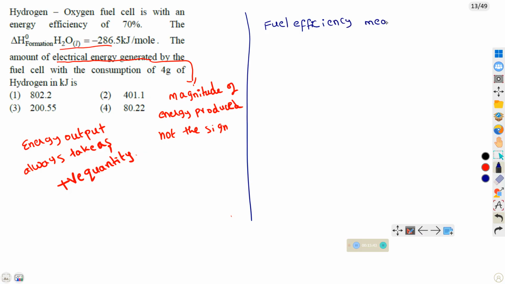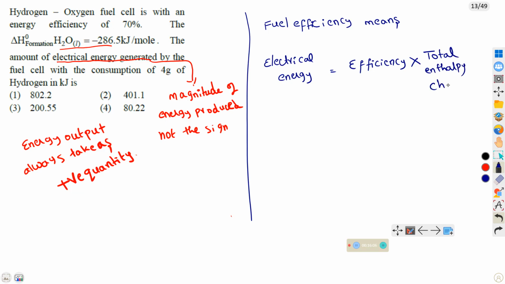Fuel cell efficiency means electrical energy is equal to efficiency into total enthalpy change. Total enthalpy change. Here the question is for 4 grams of hydrogen.